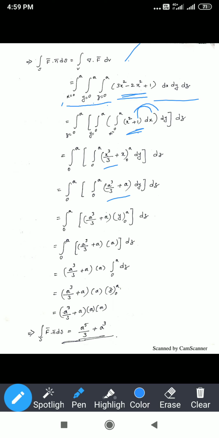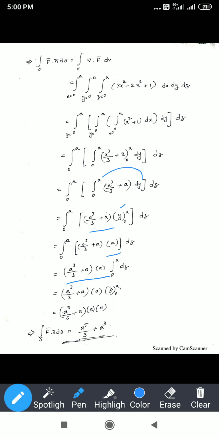And come to the next integration with respect to y. So a cube by 3 plus a is a constant. Keep outside and do the integral dy. Integral dy, you get y. Substituting the upper and lower limits, you get a. So a cube by 3 plus a of a is totally a constant term.